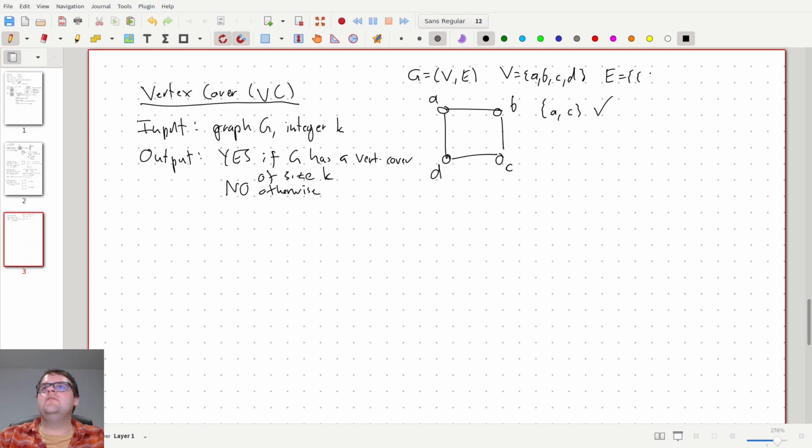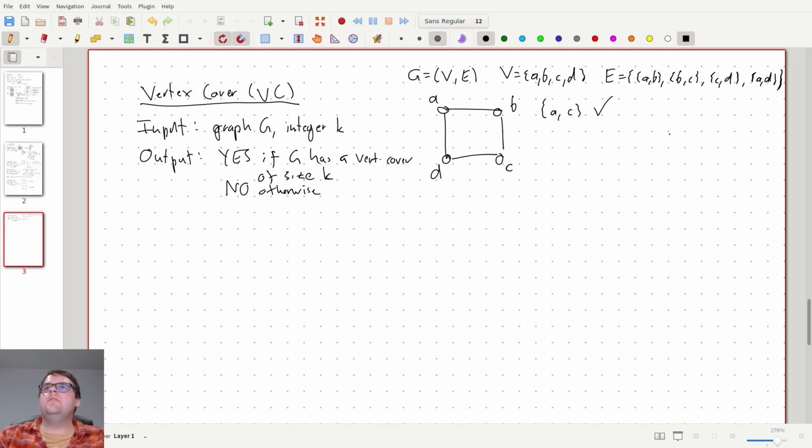So we have an edge from A to B, so AB is an edge, and then BC is an edge, and then CD is an edge, and also AD is an edge. Right? So that's how we define a graph. That's the notation we use.